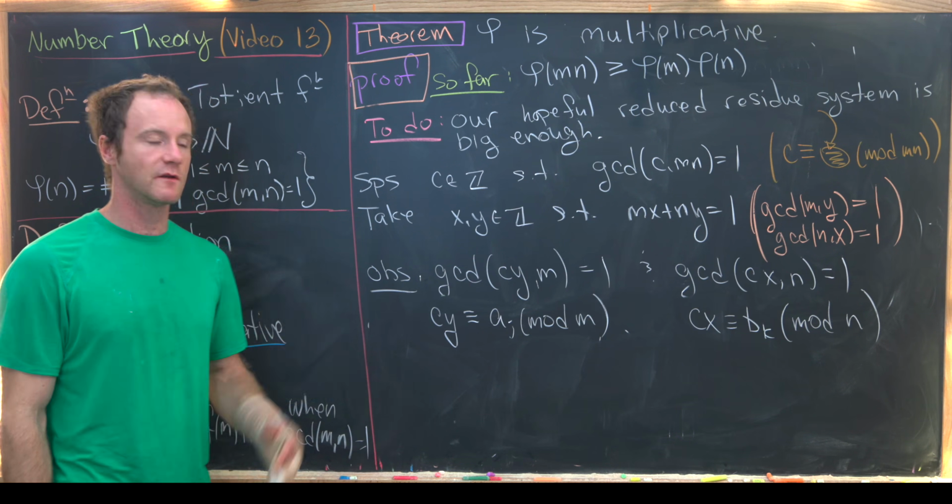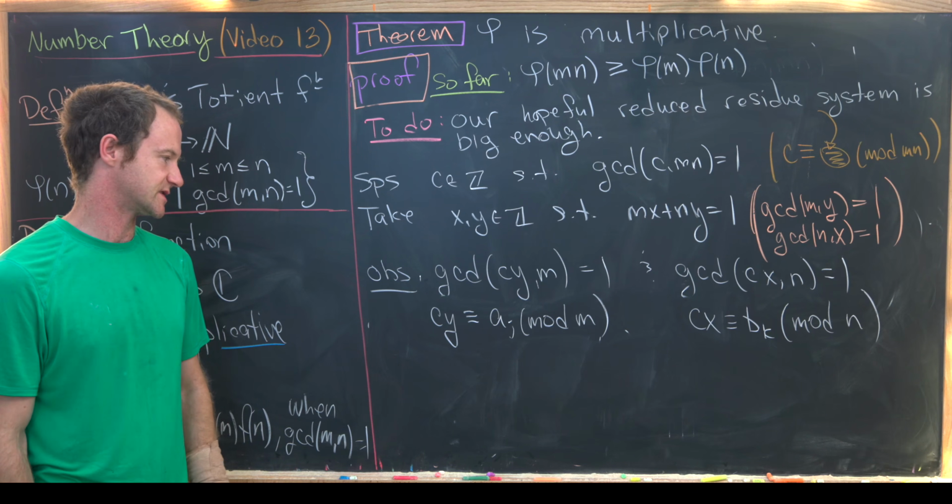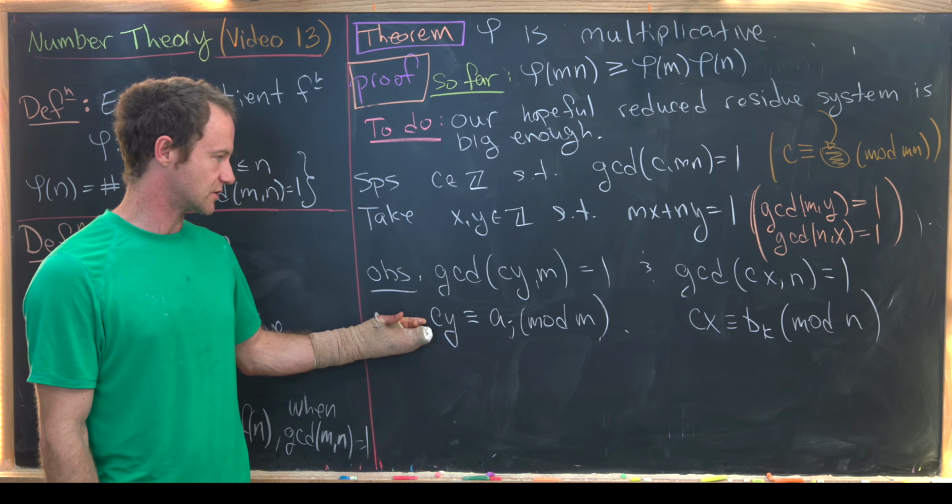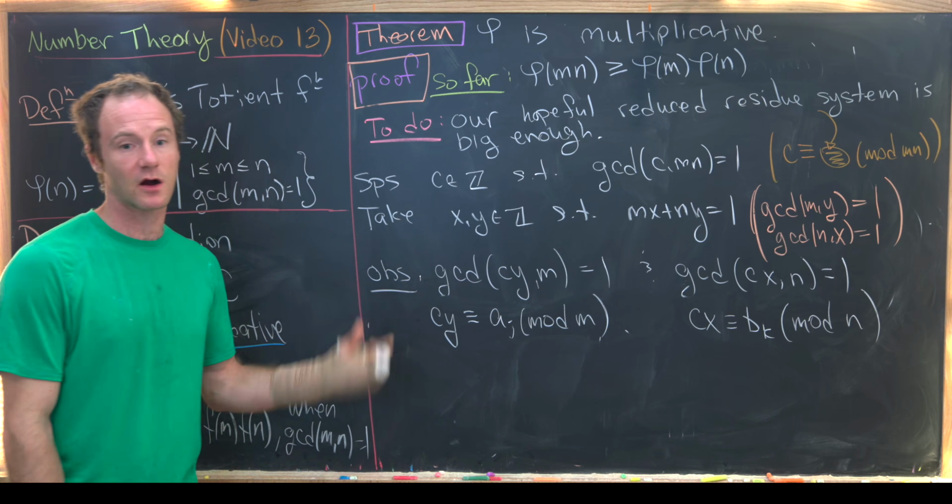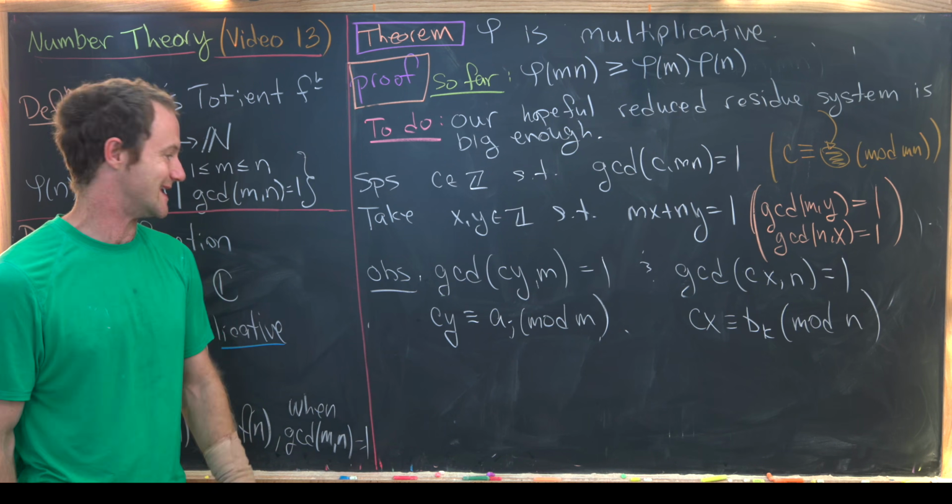And now we've got all of the pieces in place to start finishing this off. So let's take this congruence, which followed from our observation, and multiply it by n.